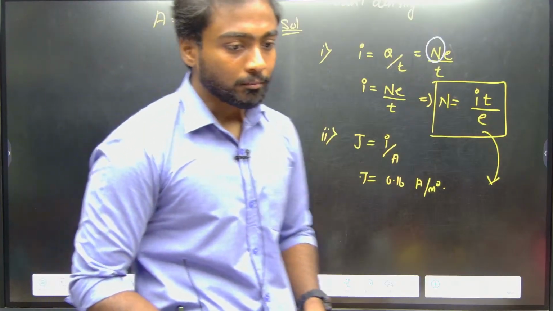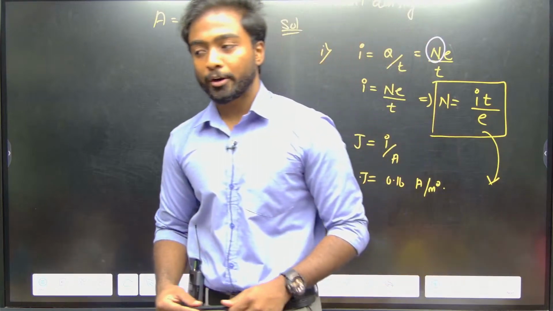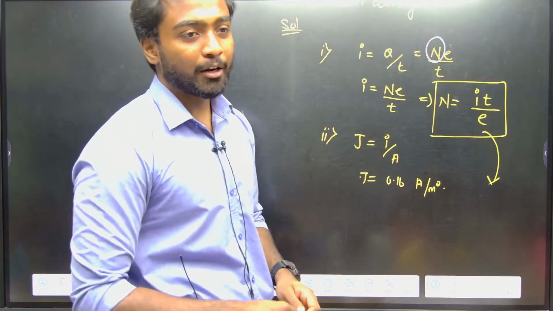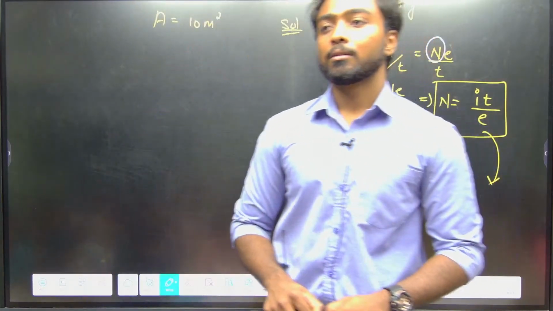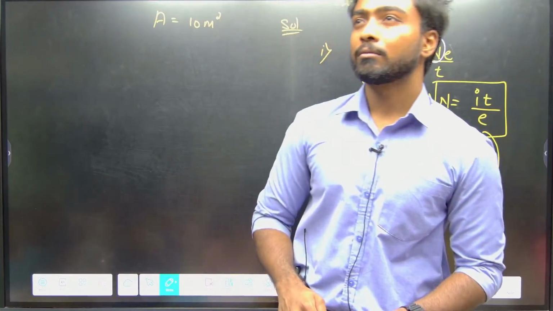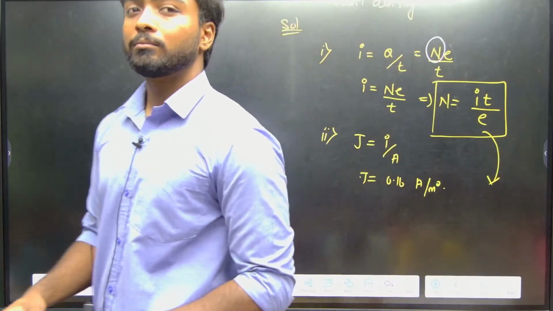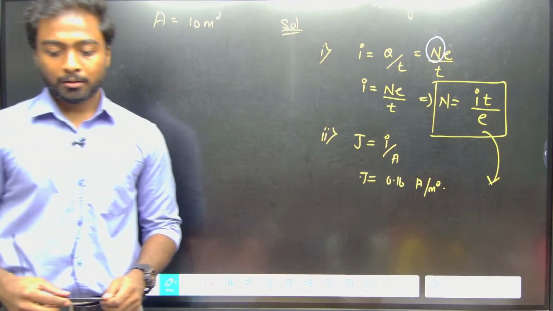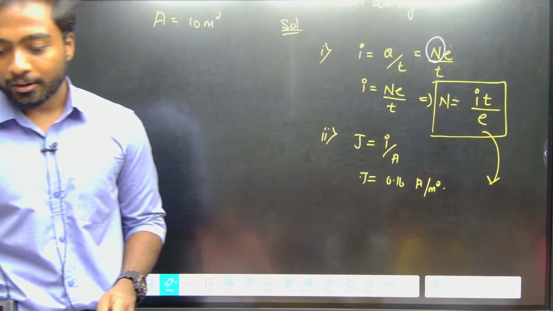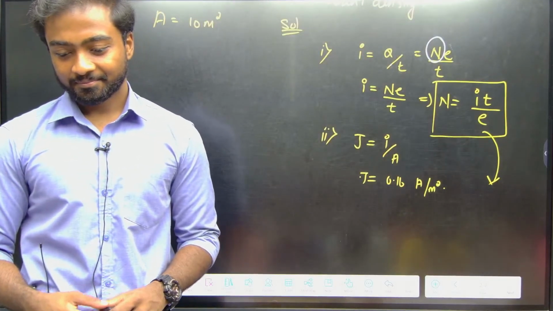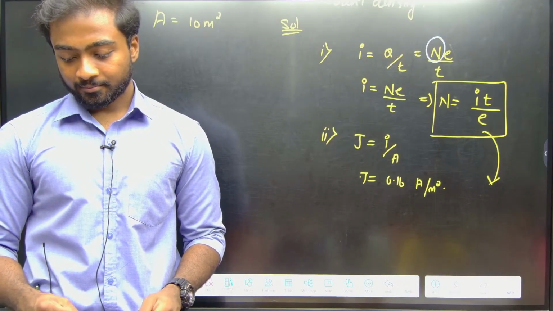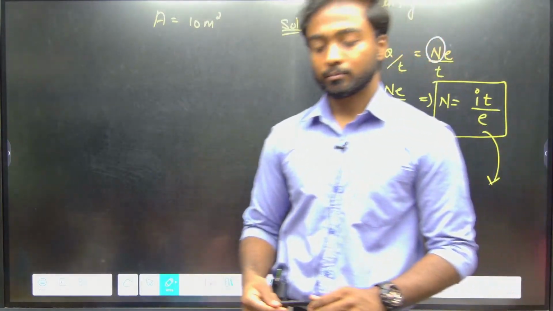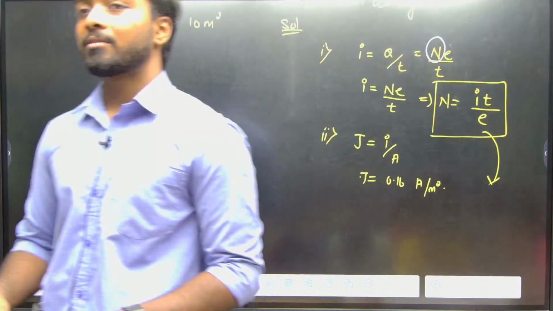First point, the typical speed of the electron in a conductor is up to 10 power 5 meter per second.